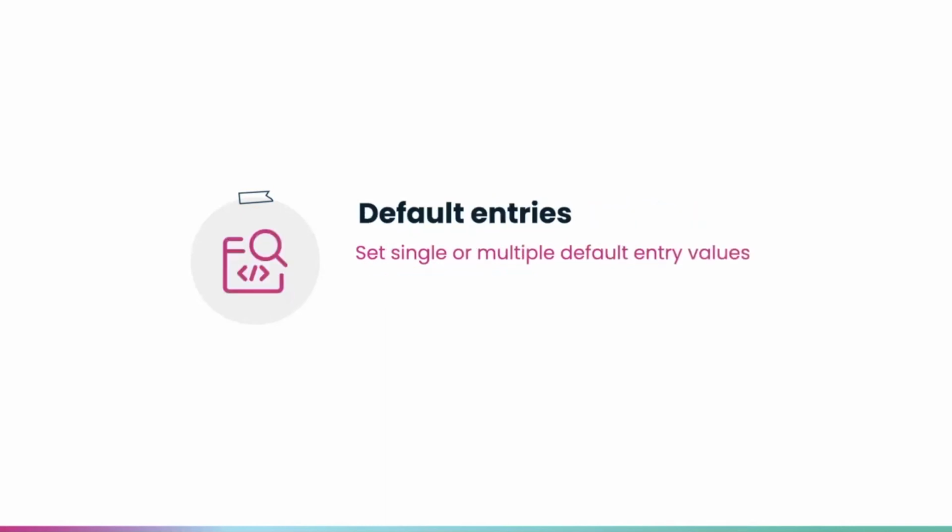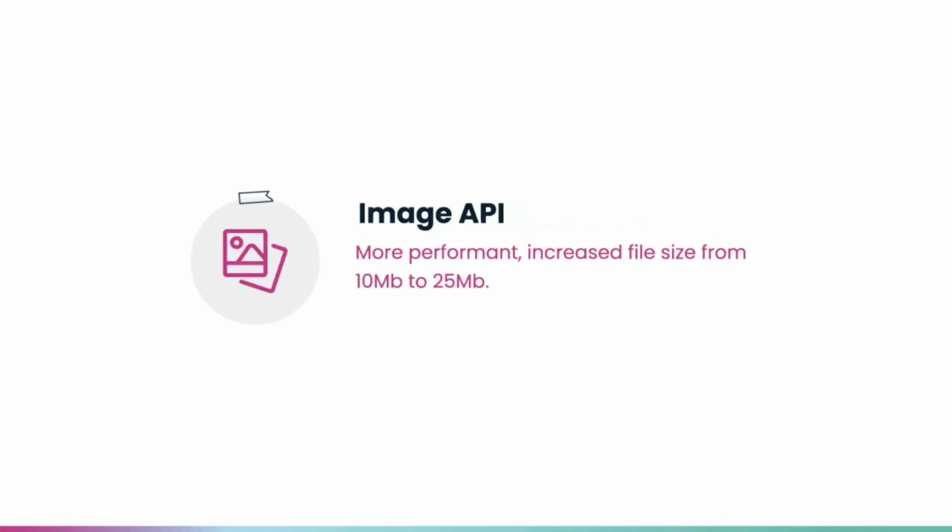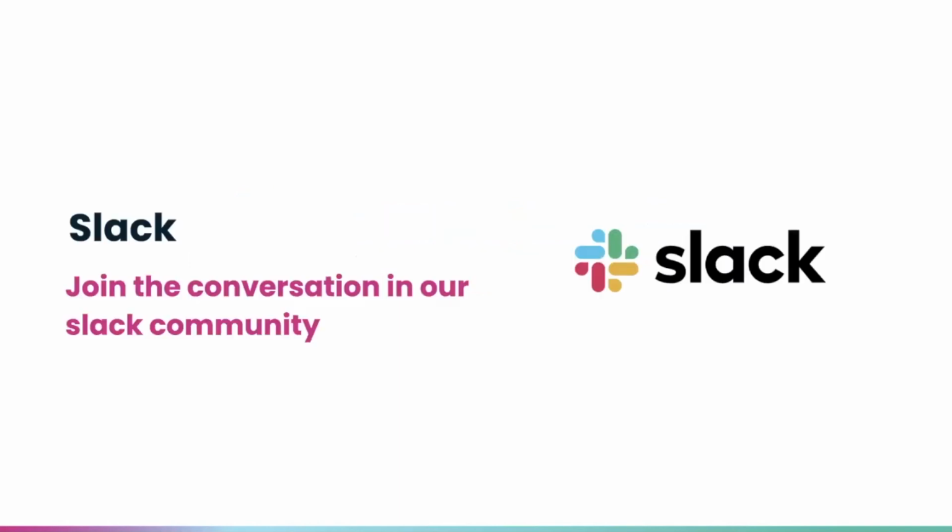And you can now set default entries on an entry picker field, making content population easier. And we've increased the file size for the image API from 10 megabyte to 25 megabyte, where images can be processed, making that a lot more performant.